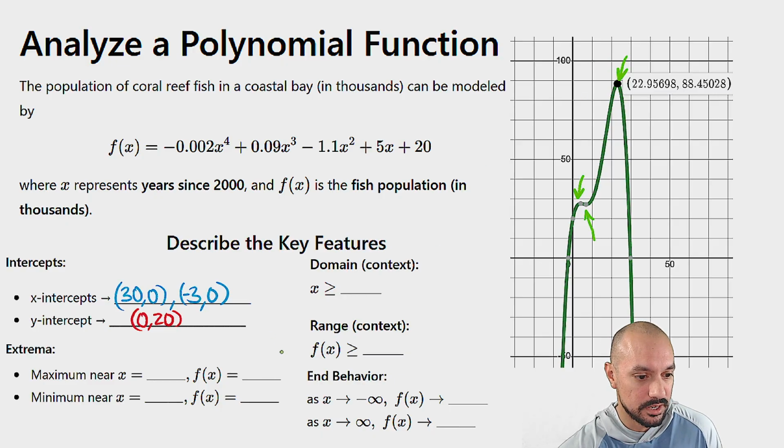So let me go ahead and record our extrema. We have a maximum near, I want to say, x equals 3. And the y value there looks like 10, 20, 30, not quite 30, so I'll probably say 28.